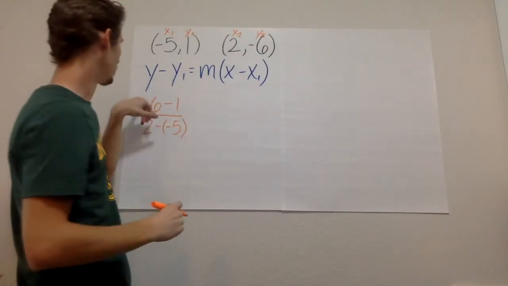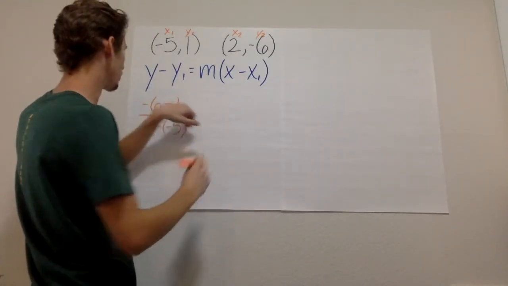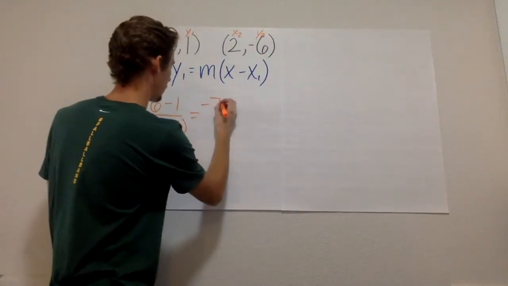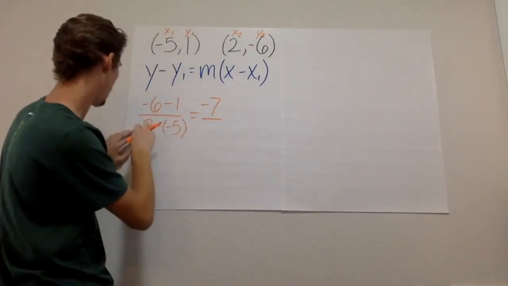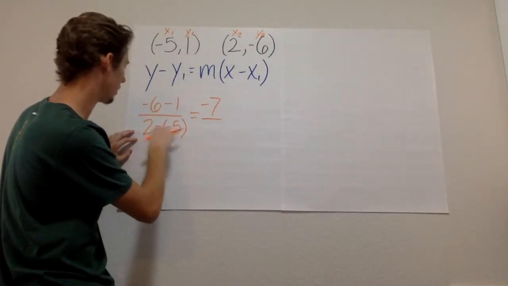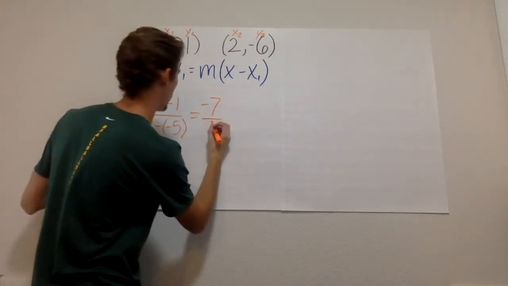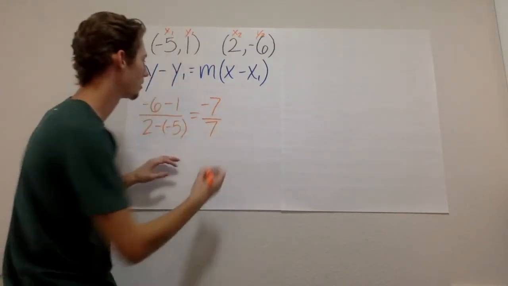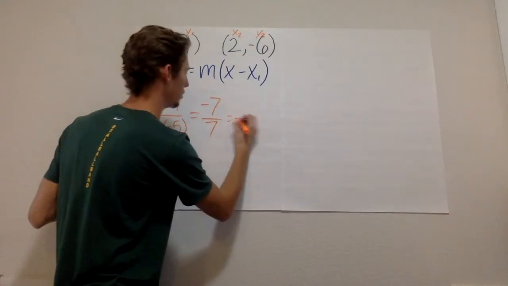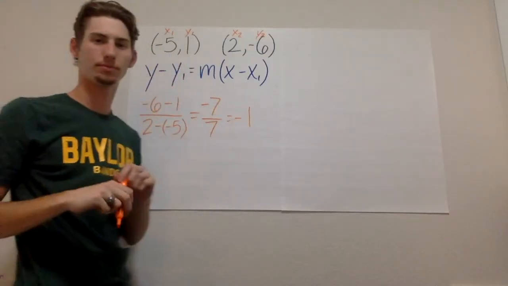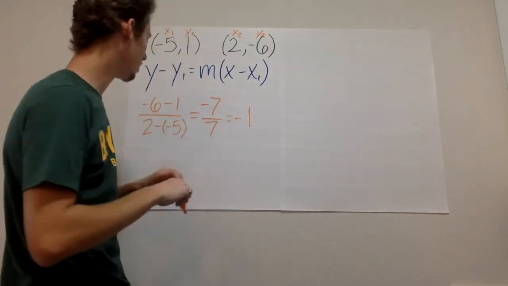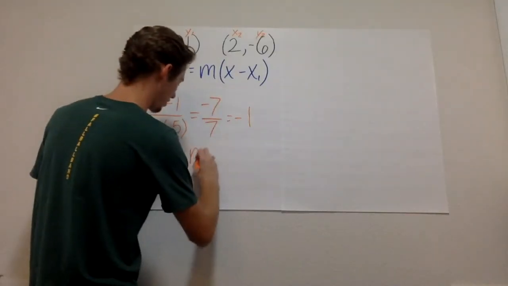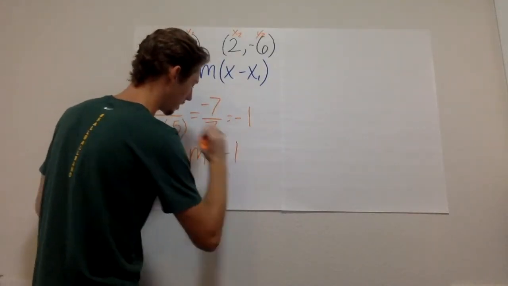Negative 6 minus 1 gives us a negative 7 up top. And 2 minus a negative 5 gives us a positive 7 on the bottom, which simplifies to negative 1. So now we know that m, our slope, is going to be negative 1.